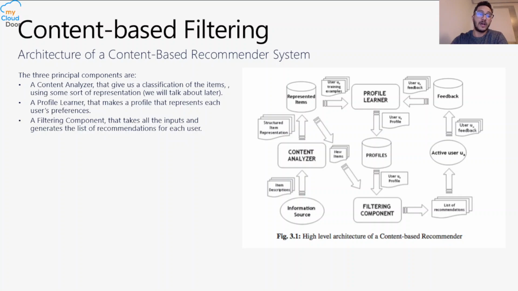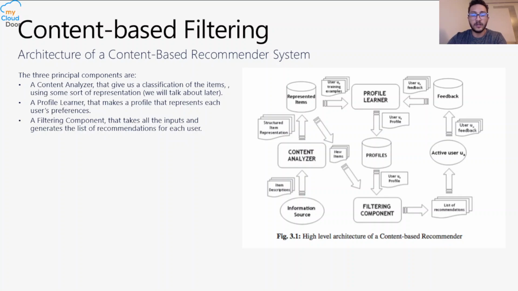Moving on to the architecture of a content-based recommender system. It contains three principal components: a content analyzer, a profile learner, and a filtering component. We need to keep in mind that this is a high level architecture of a content-based system.